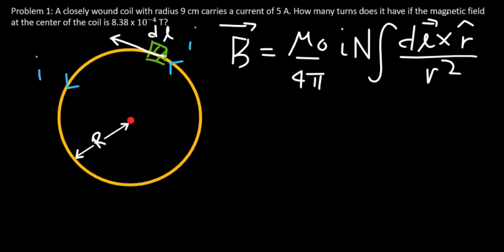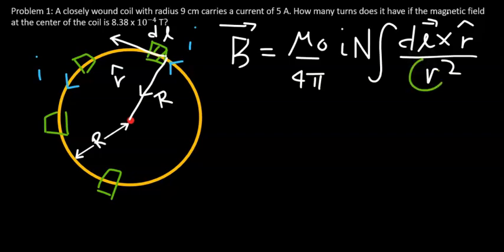The vector r hat, the direction of that unit vector r hat, goes from the length element to the point of observation. So that is the direction of r hat. The distance from the length element to the point of observation in this case is quite simply the radius of the coil. So it doesn't matter where that tiny element is, let's say here or there or there, the value of little r will always be the same as the radius of the coil.